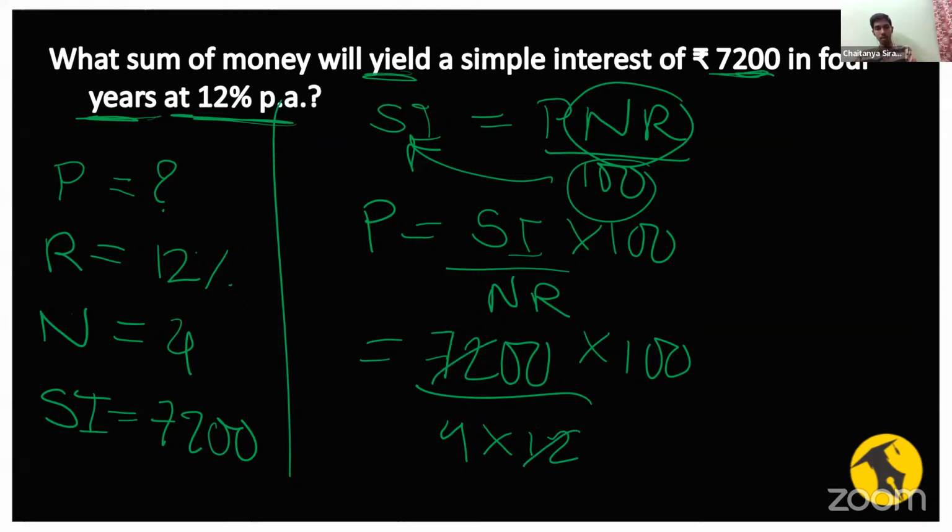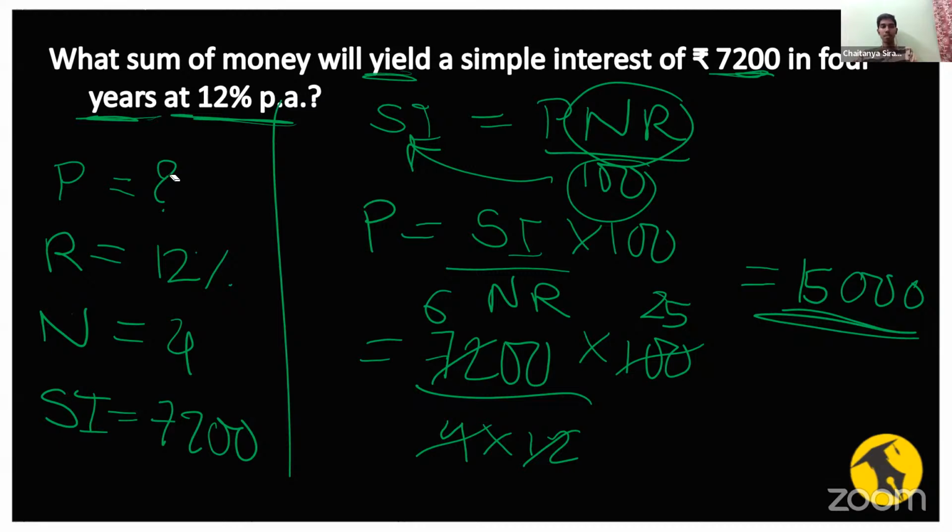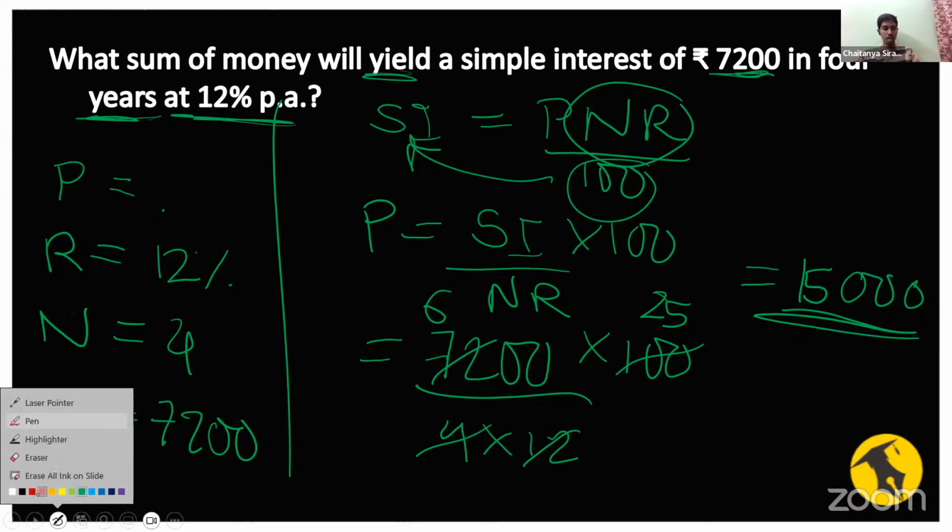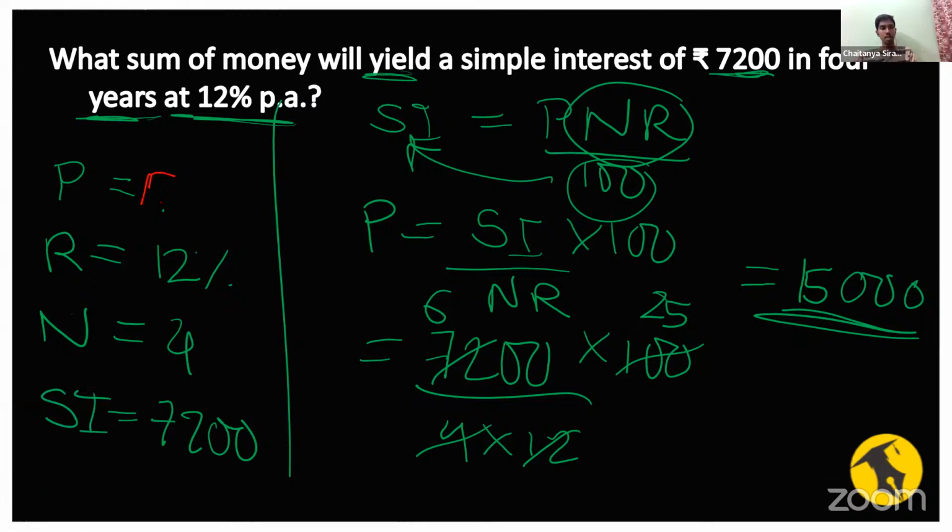So 12 fives are 60, 12 sixes are 72. And if you do this, you will get 25. 25 into 600 would give you nothing but 15,000. All right. So the principal amount in this case would be 15,000.